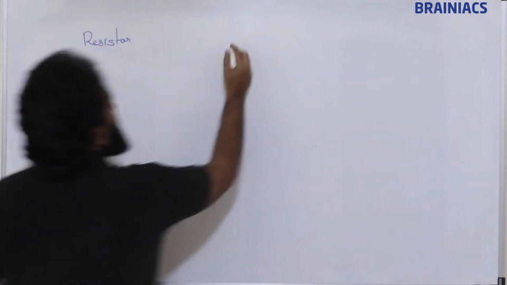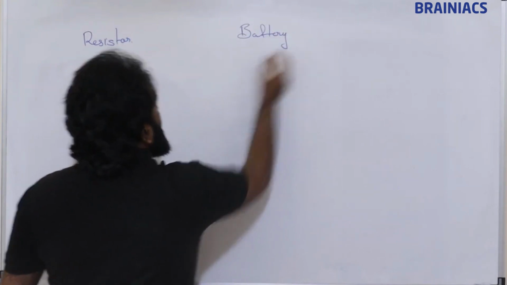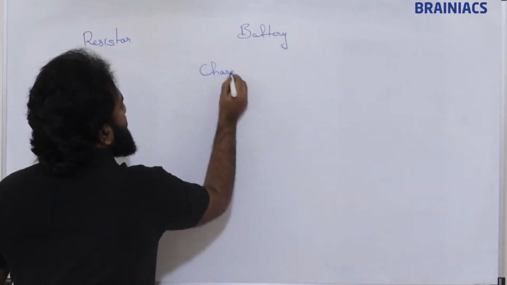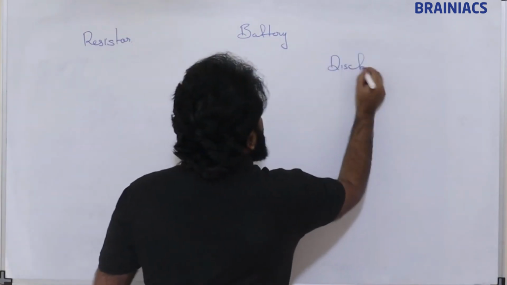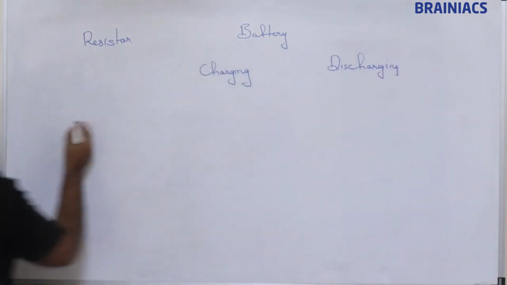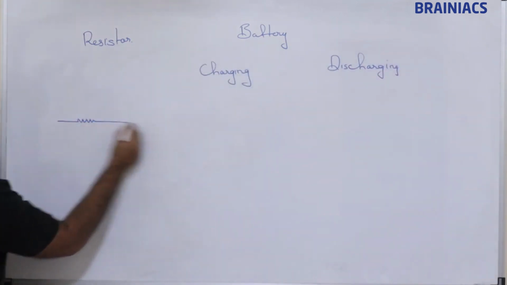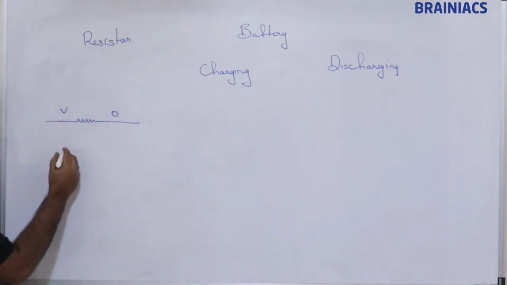So resistor and battery, charging, discharging. In the case of the resistor, in a circuit like this, this is V and this is 0.